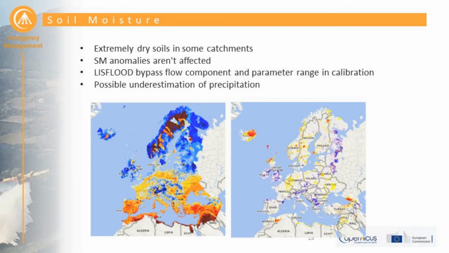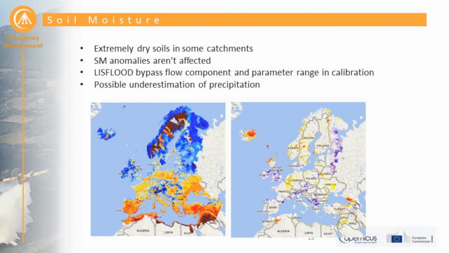During the final phases of EFAS 4 implementation, we have discovered some unexpected issues with the soil moisture maps. Some catchments show extremely dry soils, mostly in Scandinavia, but in other catchments as well.